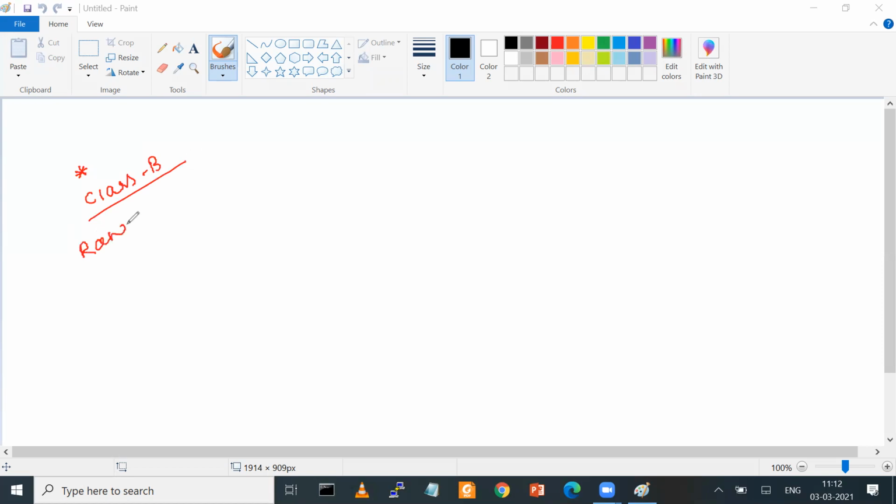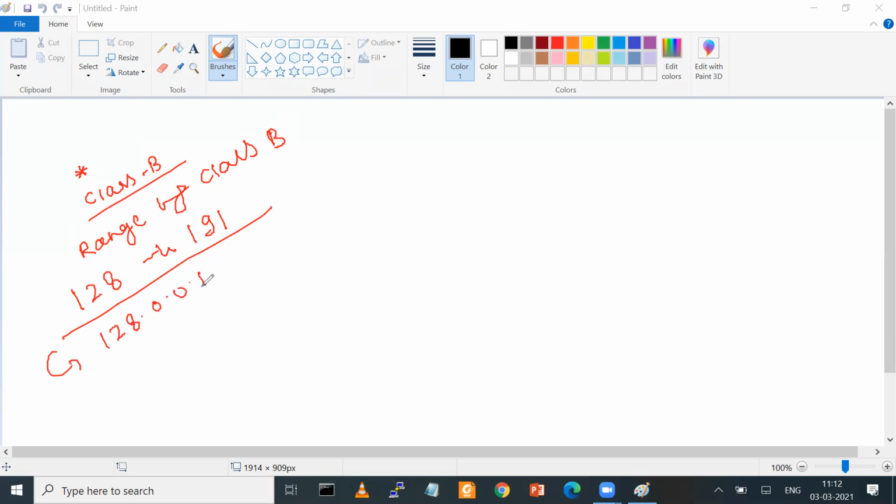The IP range of class B is 128 to 191, and the valid range looks like this: 128.0.0.1 to 191.255.255.254.